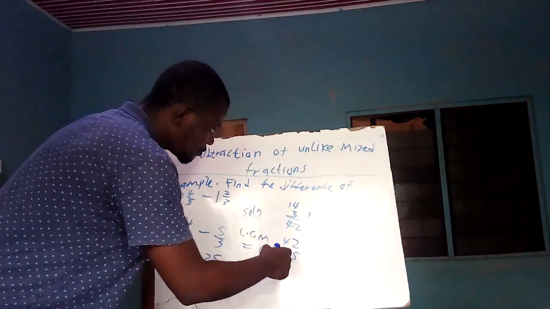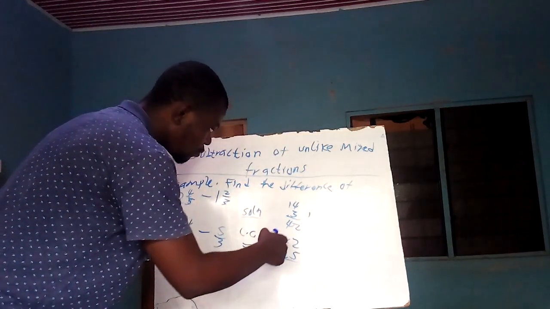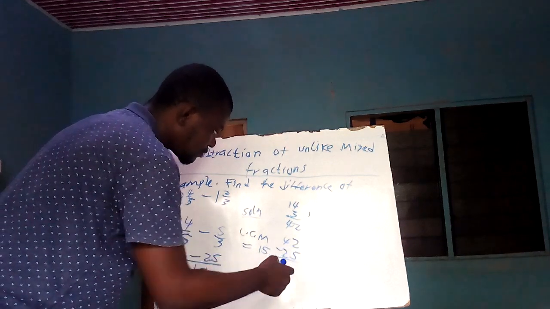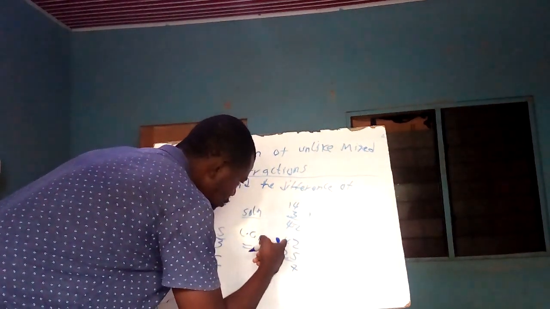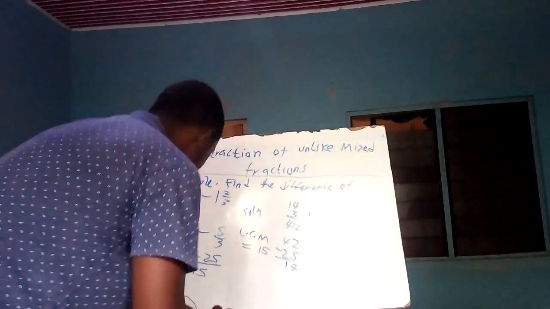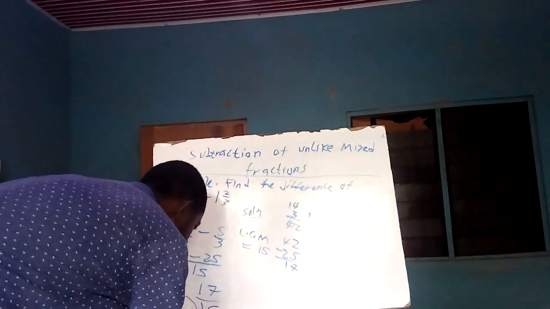Now 2 minus 5 is not possible, so you have to borrow 1 from the 4, making 12. So 12 minus 5, you get 7. Now the remaining here is 3. So 3 minus 2, you get 1. So therefore, we have 17 over 15.